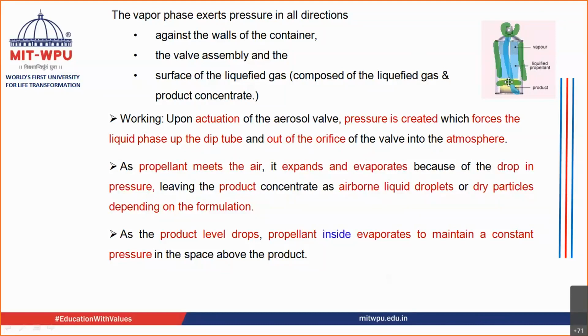As soon as there is a pressure drop, this liquefied propellant gets converted into vapor. Again the pressure is developed, and as the pressure is developed, the liquefied propellant does not convert into vapor further, and slowly and steadily the product is removed upon each actuation, right?